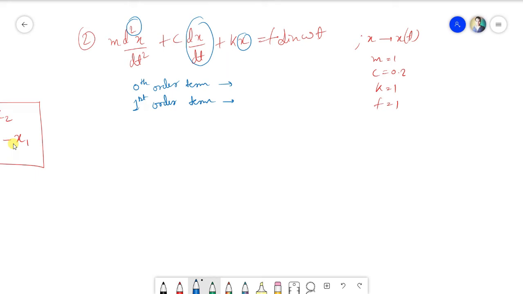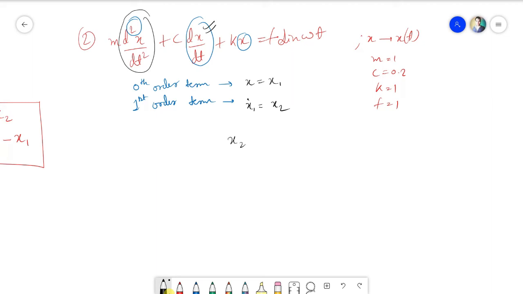So we will give a variable now. Let x equals to x1. So x1 dot becomes this dx by dt, which we will say x2, and now we will define this dx by dt by using x2.